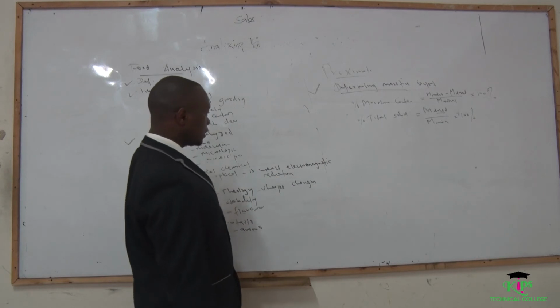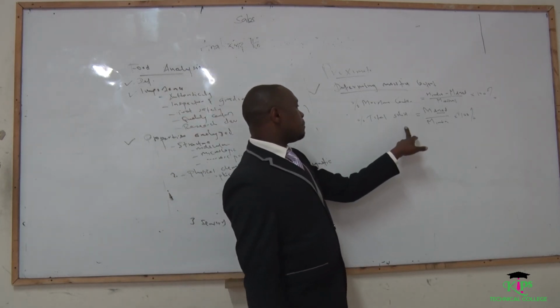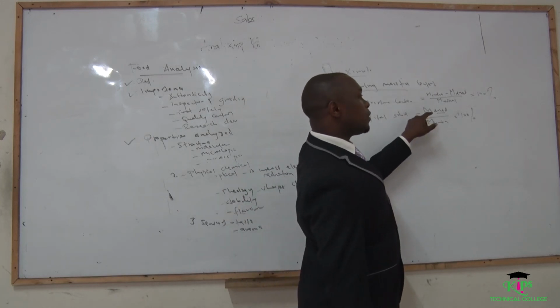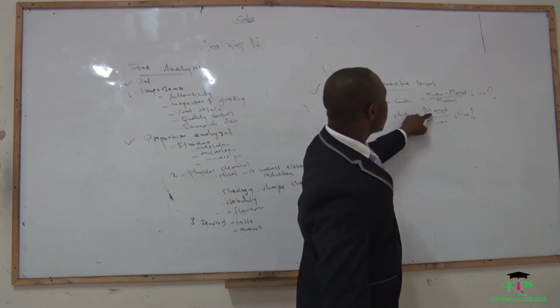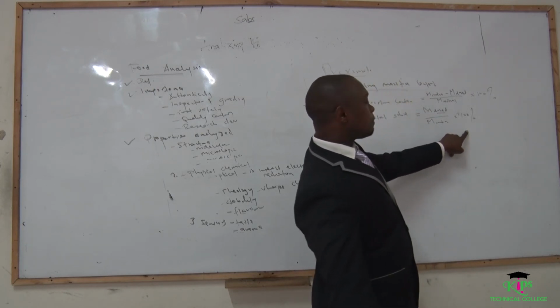That is for moisture content. For total solids, we determine the weight of the dry food, we divide by the weight of the undried food, and then multiply by 100%.